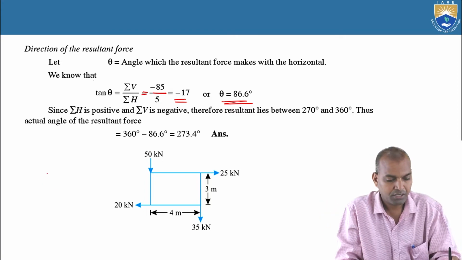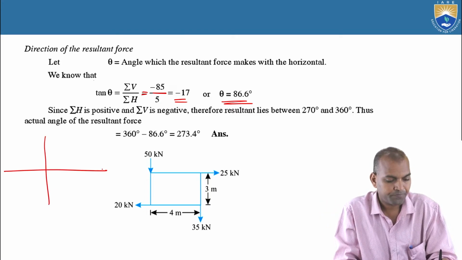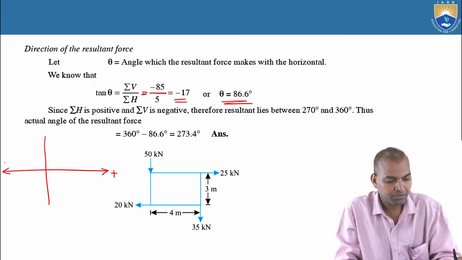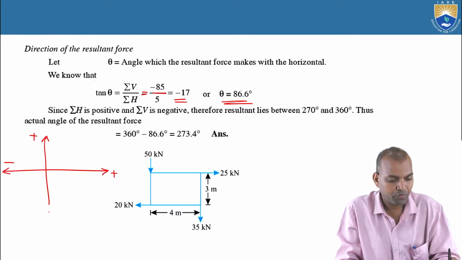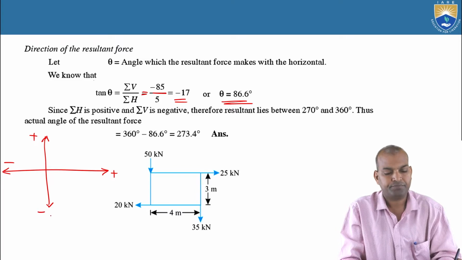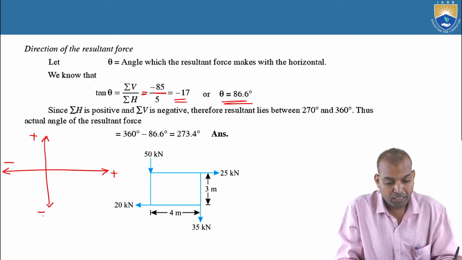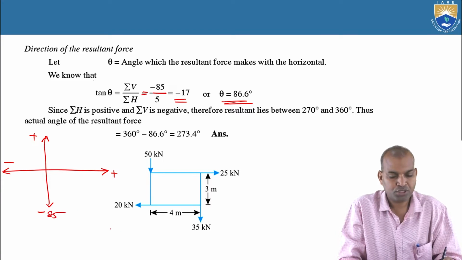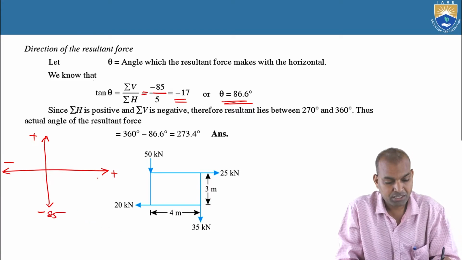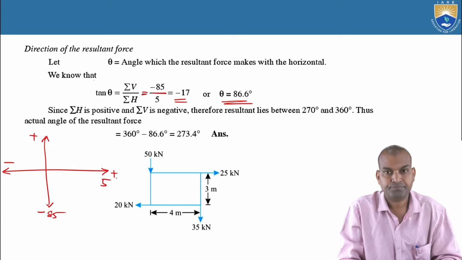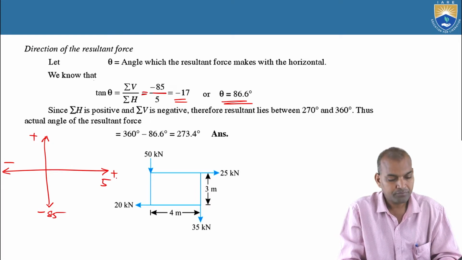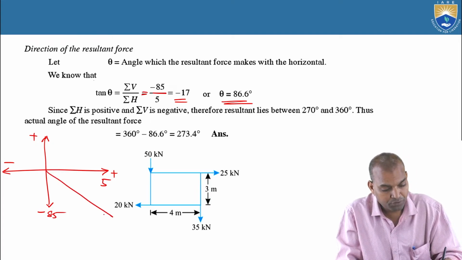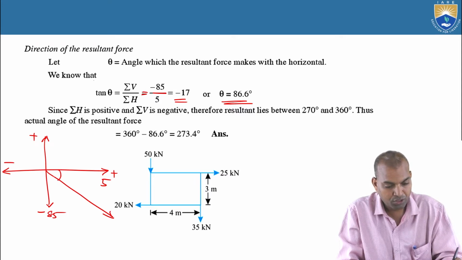The resultant force comes in positive x, positive y, negative y. The value of sigma v is negative, that is 85 downwards, and sigma h is positive, that is 5. So the resultant force theta is 86.6.